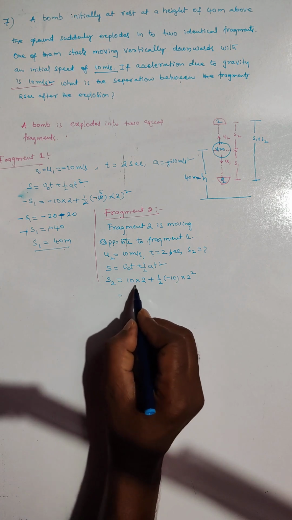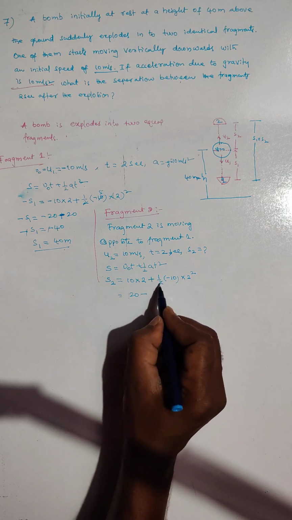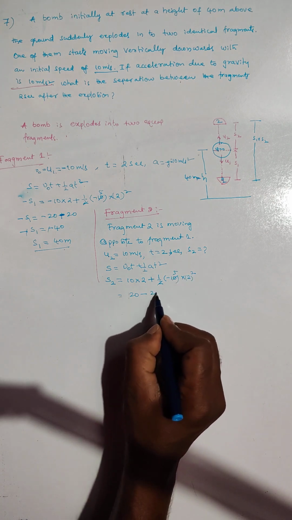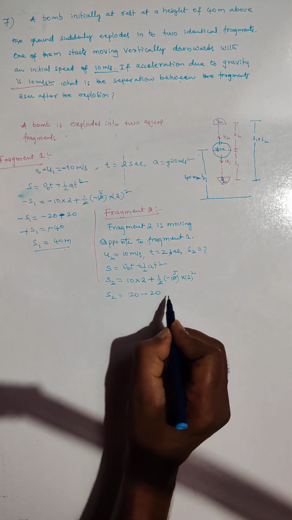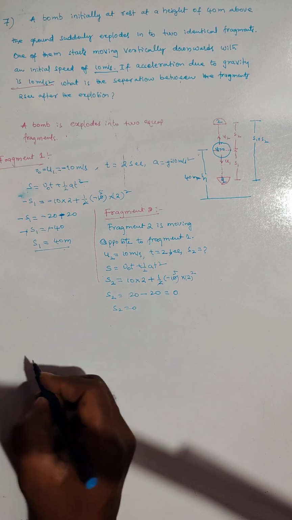So that is 20 minus half times 10 times 4, that is 20. So S2 is equal to 20 minus 20, that is 0.